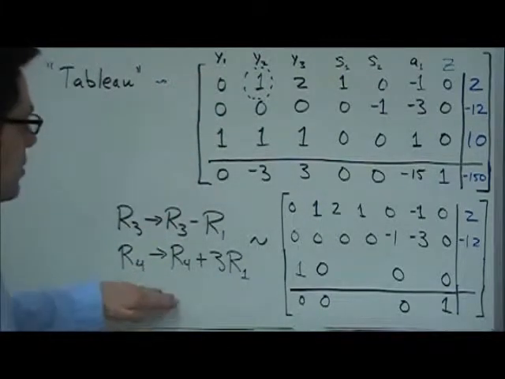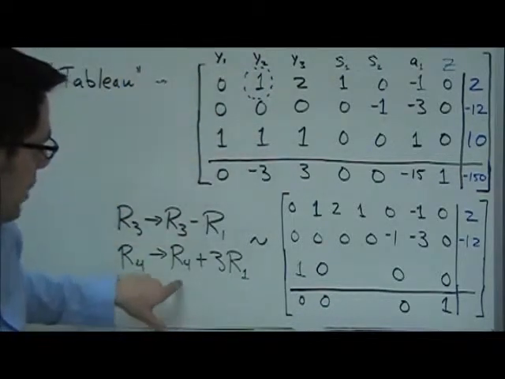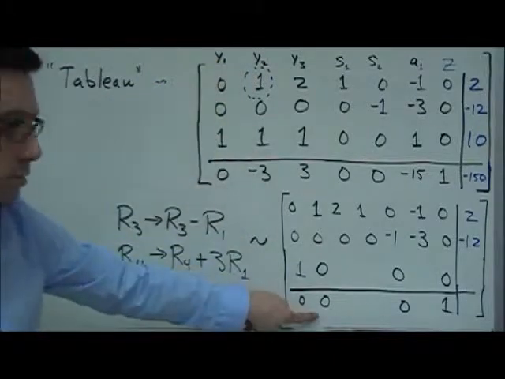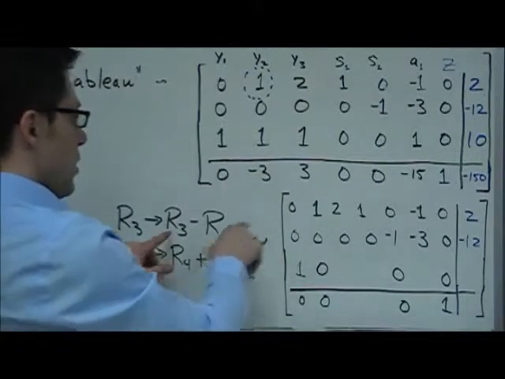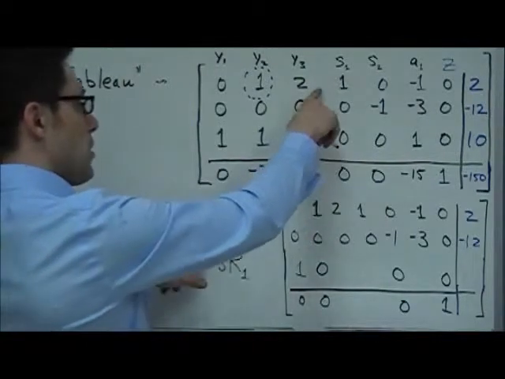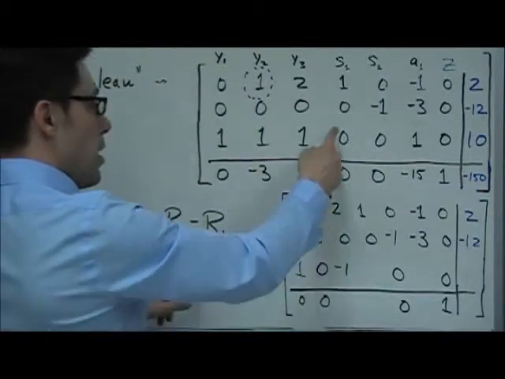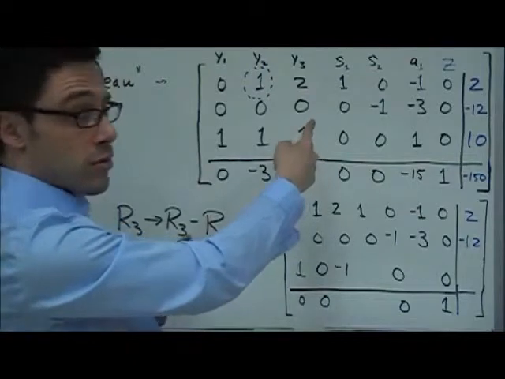These are the correct operations because I've got R3, 1 minus 1 would make that 0, and I've got a negative 3 plus 3 times this would make that a 0. So those are the correct operations. Let's go ahead and perform the rest. So now I've got R3 minus R1, so 1 minus 2 is a minus 1. I've got 3 minus 3 times row 1, so that is 3 plus 3 times row 1.